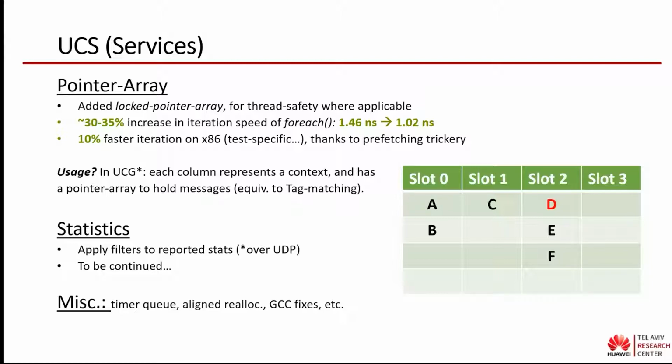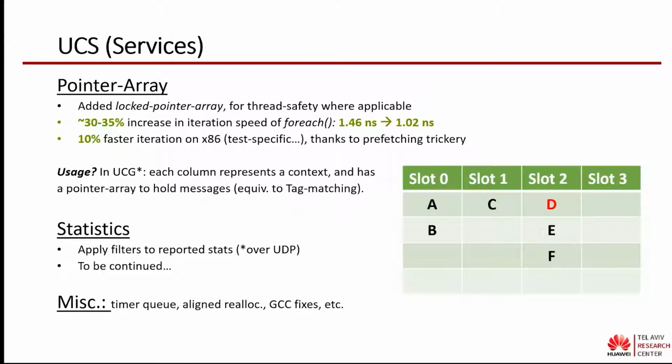We also have some prefetching trickery to thank for another small boost on x86, but that's probably test specific. I'm not sure I can promise this on every test you run.